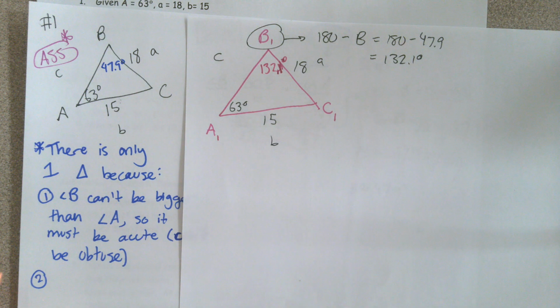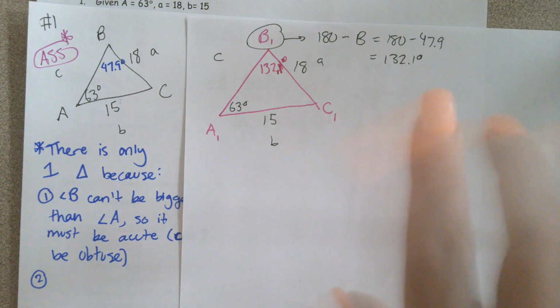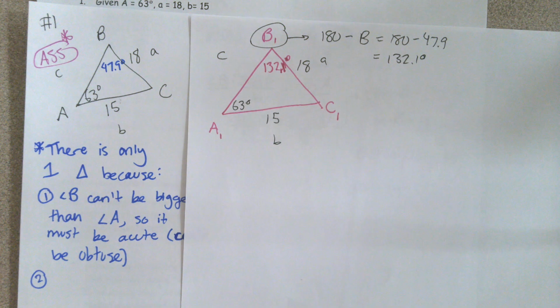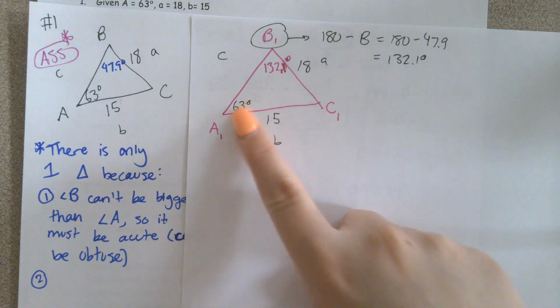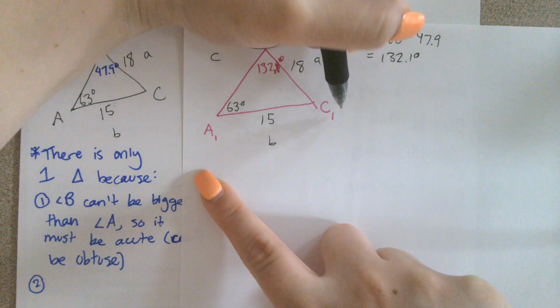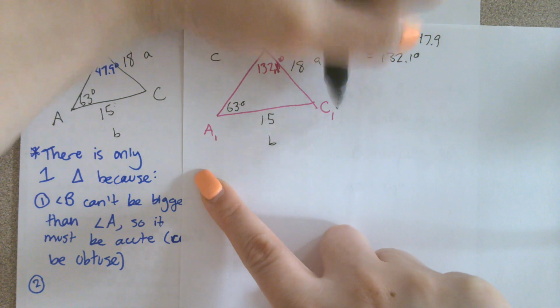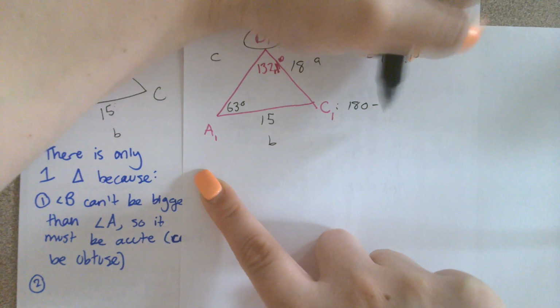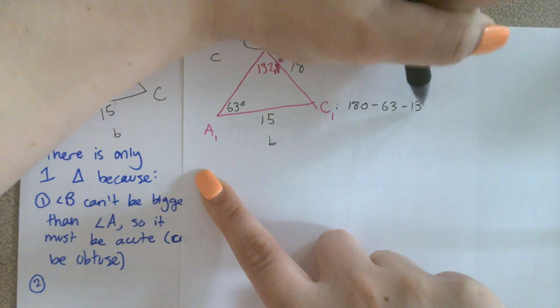Now, here's where it falls apart. If we were to continue the process of solving this triangle, which if we have a second triangle, that's what you're supposed to do, we will try to find C next because we already have two of the three angles. So finding C is easy. To get C, it's 180 minus 63 minus 132.1.